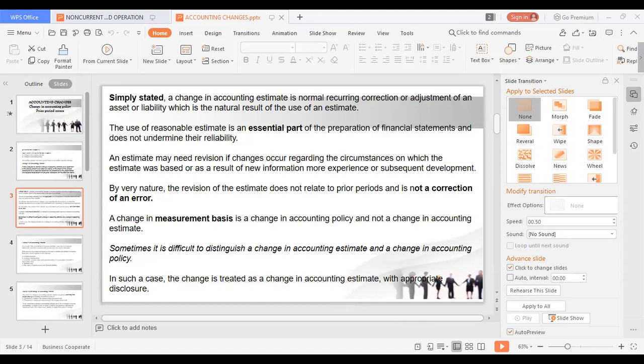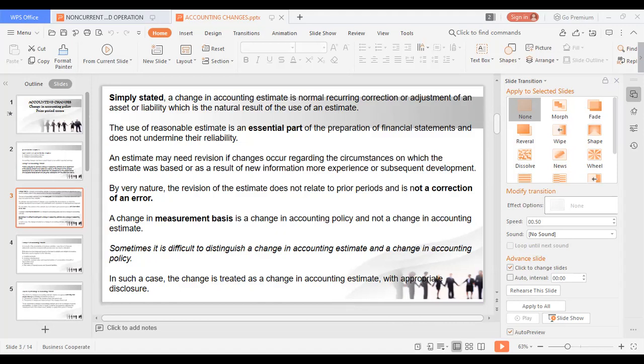Now we go to problem 9-4. On January 1, 2020, Po Construction Company changed to the percentage of completion method from the cost recovery method of income recognition. On December 31, 2019, the entity compiled data showing that income under the cost recovery method aggregated 7 million.